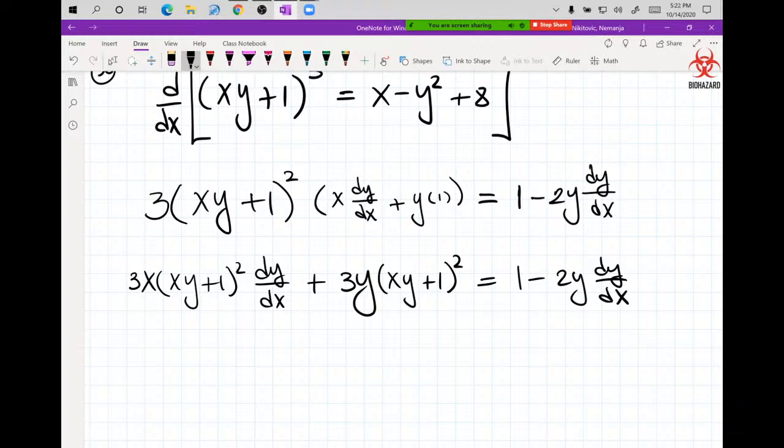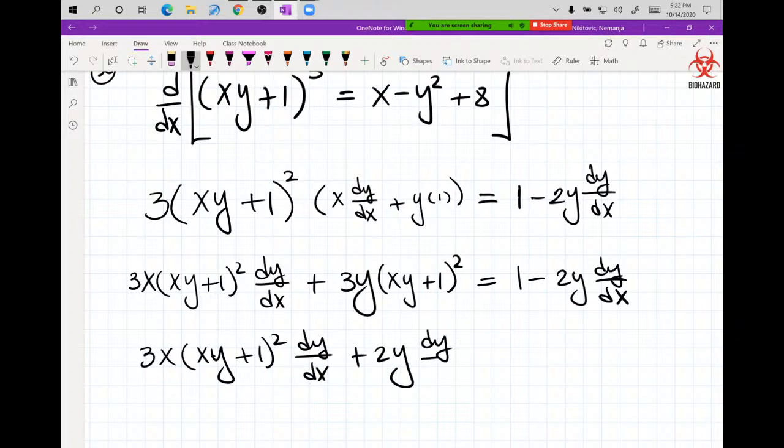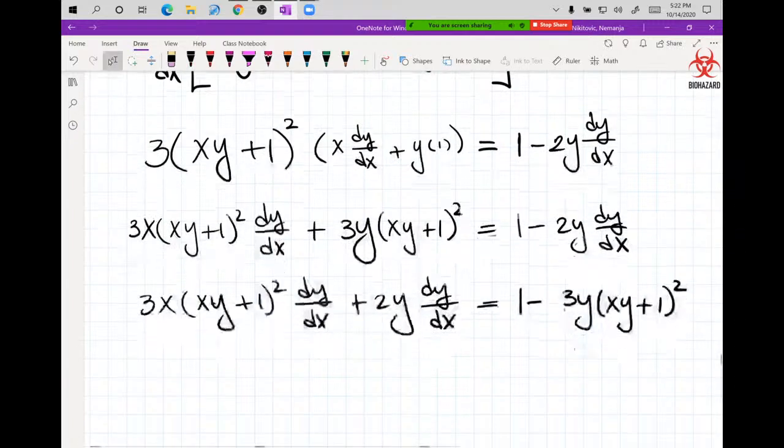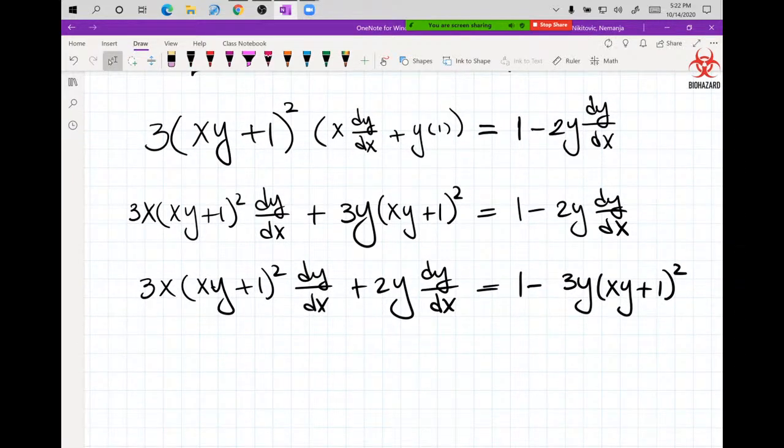Now, remember, keep the terms with dy/dx on the left. So we have 3x(xy + 1)² dy/dx. Bring plus 2y dy/dx from the right. And then have 1 minus 3y(xy + 1)² to the right, because it doesn't have dy/dx.